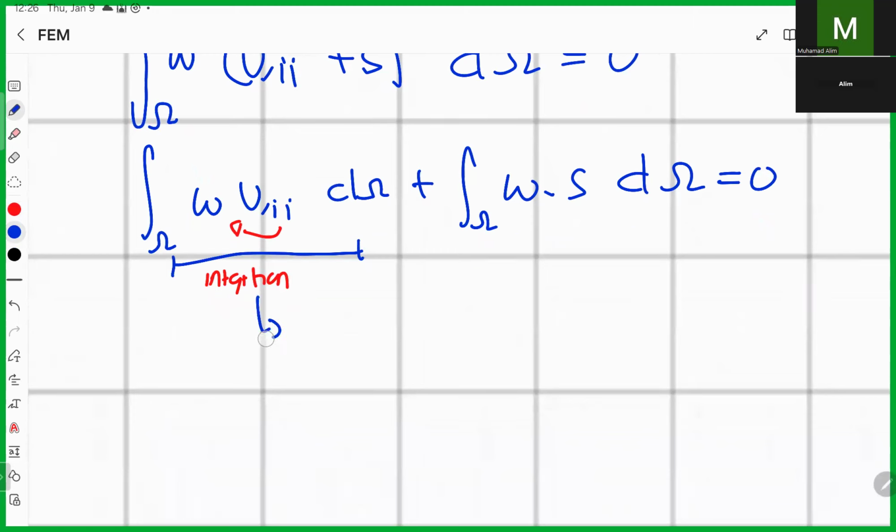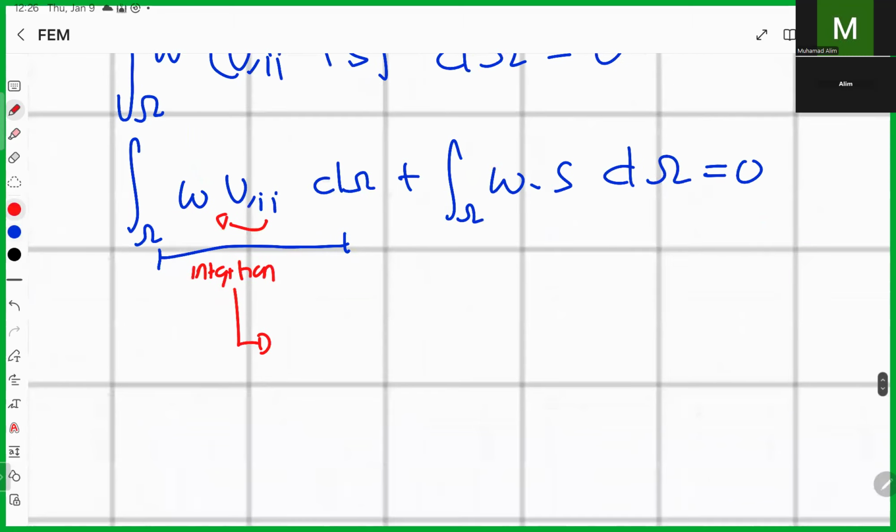This is the detail about integration by parts. I'm going to provide the detail in case you haven't got the idea about what integration by parts is. Integration by parts can be derived from the product rule.